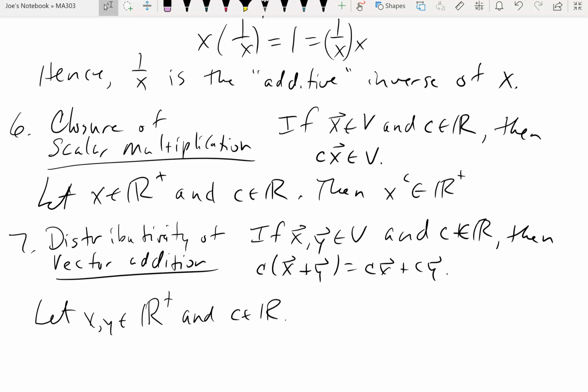I shouldn't say distributivity of, I should say distributivity over. Sorry. I don't care if you remember the words, I'm just trying to be more accurate, or perhaps more descriptive.